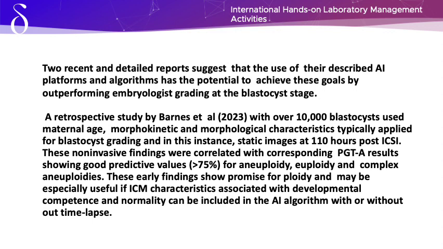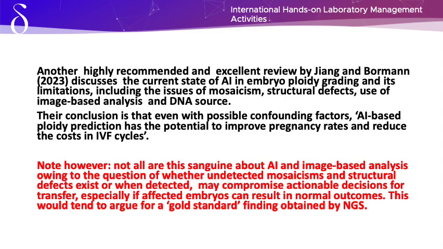So these early findings show promise for ploidy and may especially be useful if inner cell mass characteristics, now known to be associated with good developmental competence and normality, can be applied in the AI algorithm, either alone for next-gen sequencing or with time-lapse analysis that's been really prevalent now in the field. So these are really important findings, especially for AI, because AI is based on very large databases of outcomes of specific embryos. So this is very, very useful in that regard.